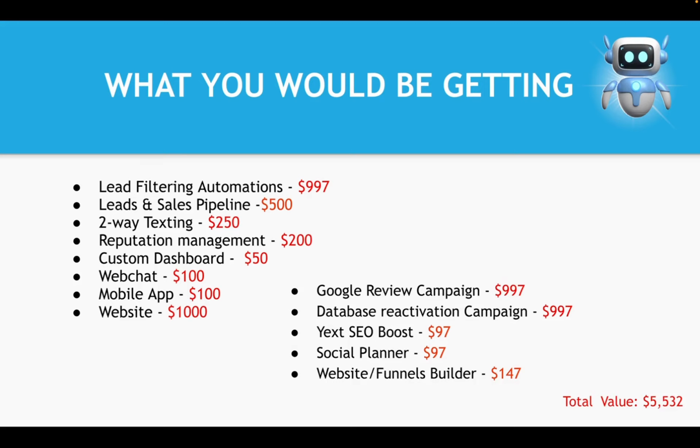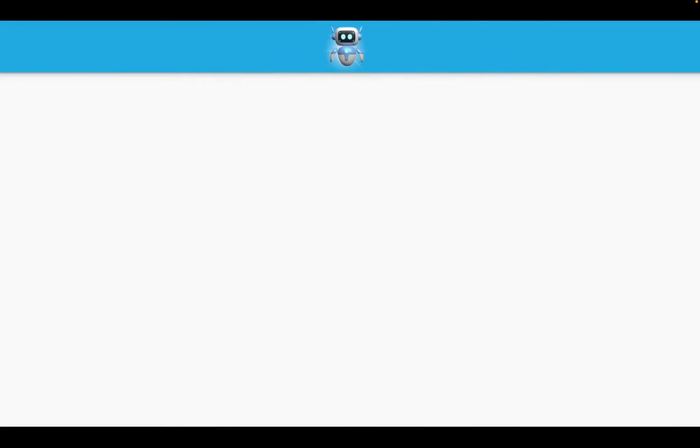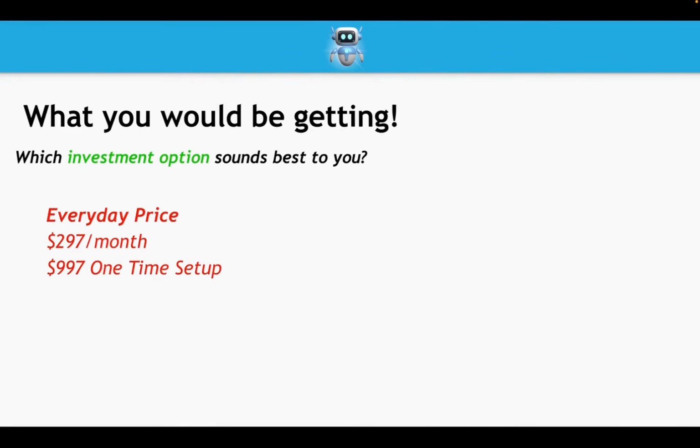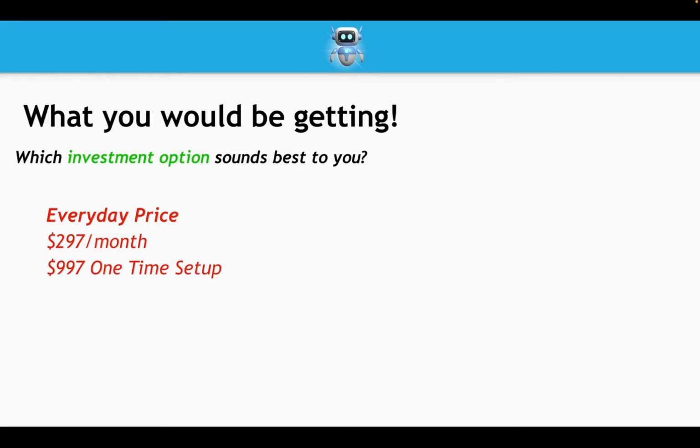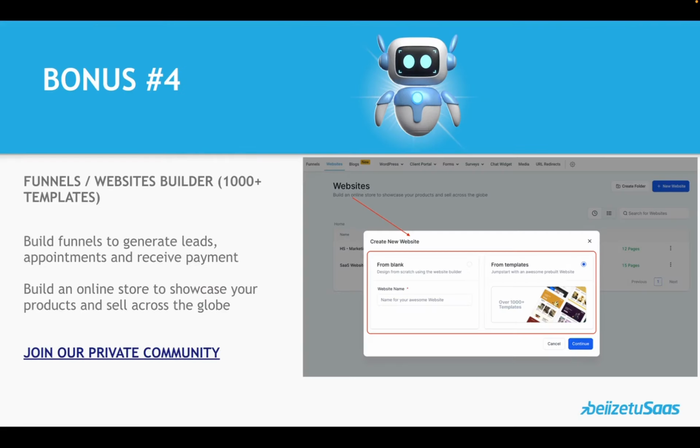You're not charging $5,000, not the everyday price of $297 a month plus a one-time fee of $997. That's almost $1,000, but you won't even charge that. You'll just charge only $297 per month. Zero setup fee, because everything you will get in our community, I will teach everything, and you also get all the bonuses that I'm showing you here.